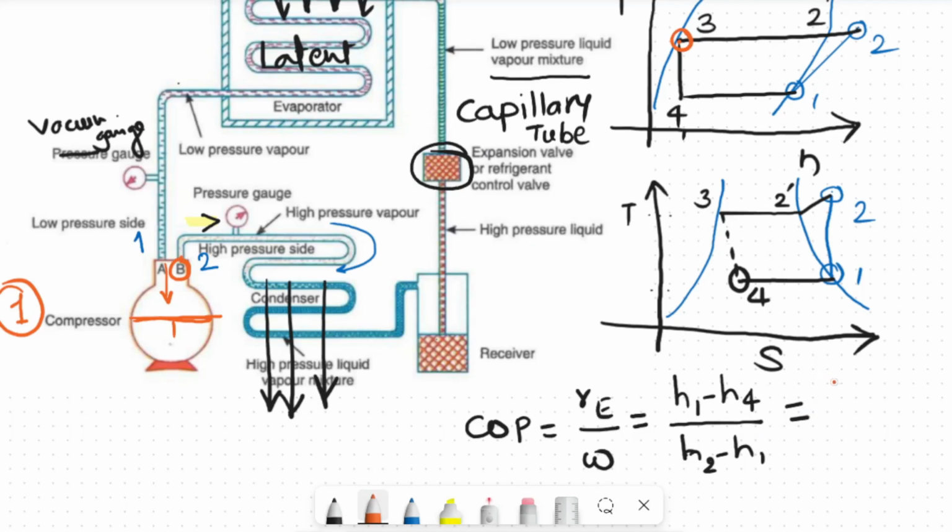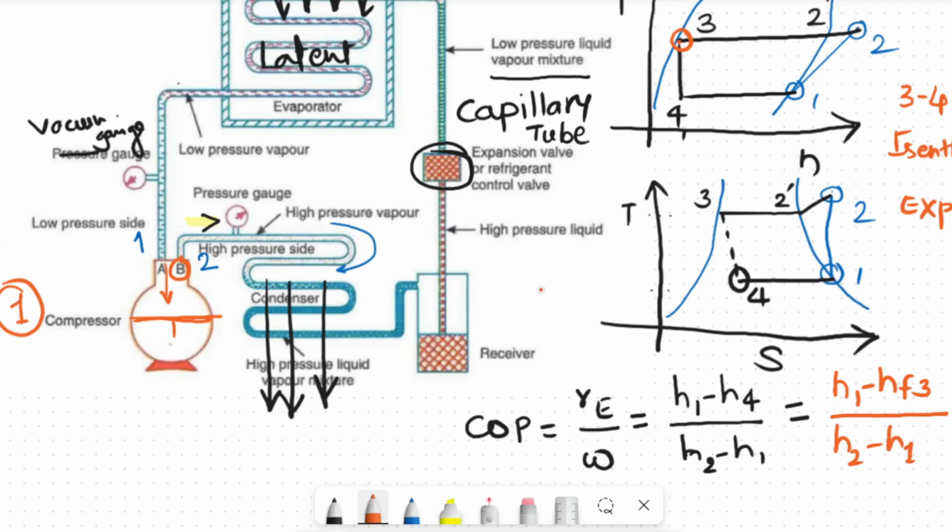So H3 can be easily found out. Finding the value of H4 is not easy, but we know that this process 3 to 4 is isenthalpic expansion. So H3 will be equal to H4. So the relation can be modified as H1 minus HF3 divided by H2 minus H1.